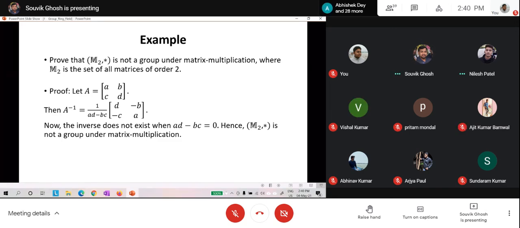That means this M2 star, that is M2 along with the usual matrix multiplication, is not a group, right? Am I clear?